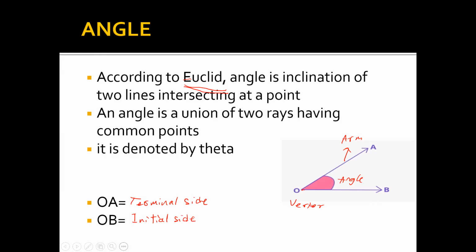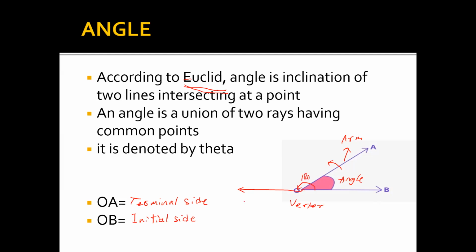If I rotate the terminal side, just try to understand, if I am rotating this side OA, the terminal side, clockwise, and when this side reaches opposite of OB, meaning opposite of the initial side, the angle between these two arms becomes 180 degrees.